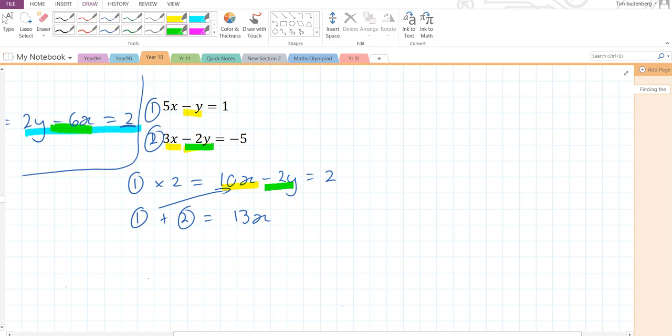Careful, I've made a mistake. If I take negative 2y and add another negative 2y, I'm going to get negative 4y, which wasn't what I was aiming for. So my mistake was to add them together, when really I want to subtract. So I'm doing equation 1, which is this one, minus equation 2. 10x minus 3x is 7x.